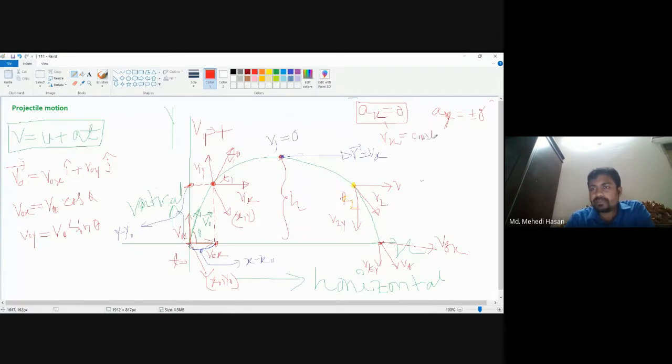That means at any point, if you know the x component of the initial velocity, you can say the x component at that point is the same. So if it is v0x here, at this point v1x will be equal to v0x, and here vx is also equal to v0x, or you can say v1x, or v2x. So the x component of the velocity at any point is constant. Do you all understand this?